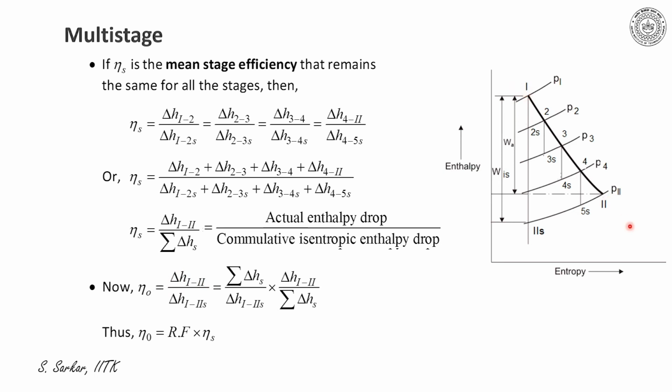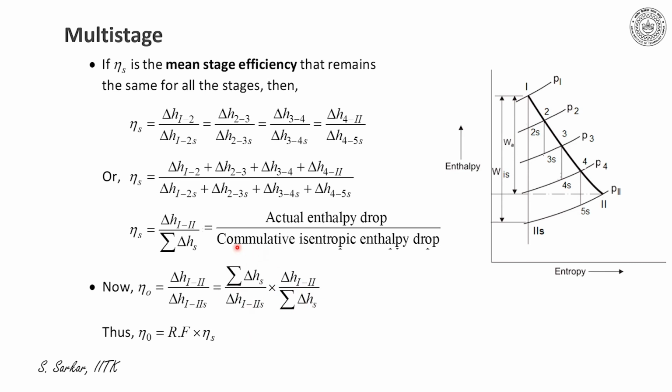Now, we know eta 0 is equal to del H12, that is actual enthalpy drop from inlet to the exit of the turbine, divided by del H12S, isentropic enthalpy drop. That can be written as sigma del Hs divided by del H12S into del H12 divided by sigma del Hs.